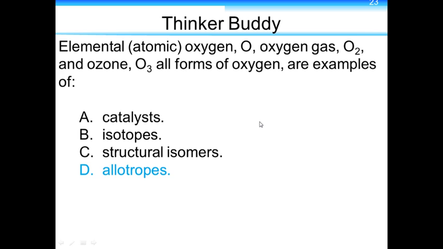And we talked about how carbon, when it's bonded differently in graphite versus diamond, those are also allotropes of carbon. Different structures and formulas, number of atoms for one particular element.